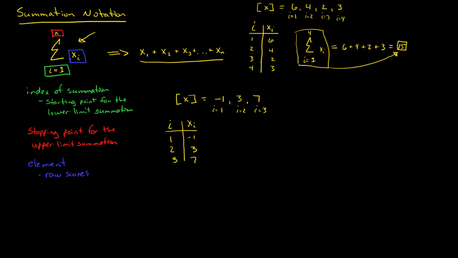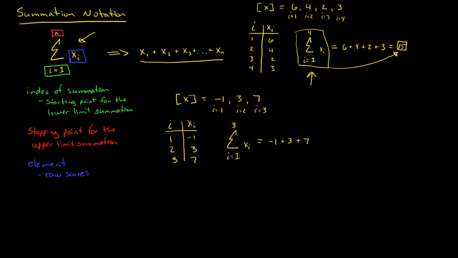Okay, so let's just show a couple of different ways that you might see this kind of expression change. Let's do it this way first. Let's say the sum from i equals 1 through 3 of the x sub i raw scores equals -1 plus 3 plus 7.